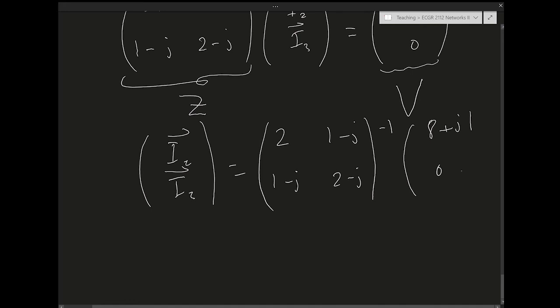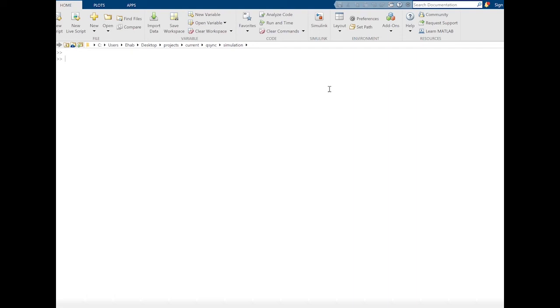Let's go to MATLAB and do this. So I'm moving to MATLAB and I'm going to do the calculation now. We called the matrix Z and it was 2, 1 minus J, go to the second column, 1 minus J, 2 minus J, that's it, and then the column vector is going to be 8 plus J, second row 0.